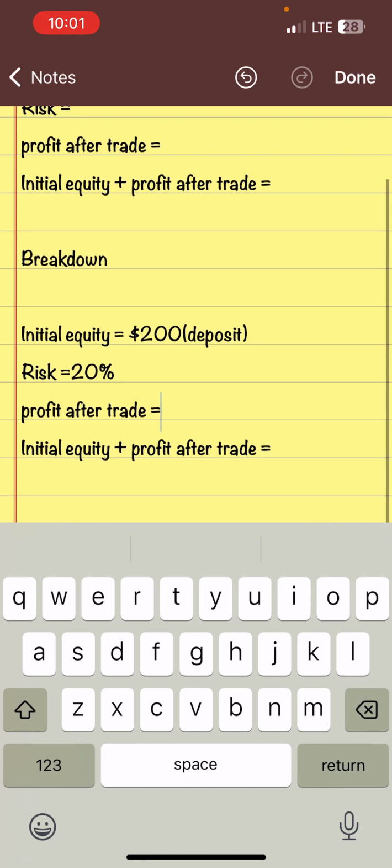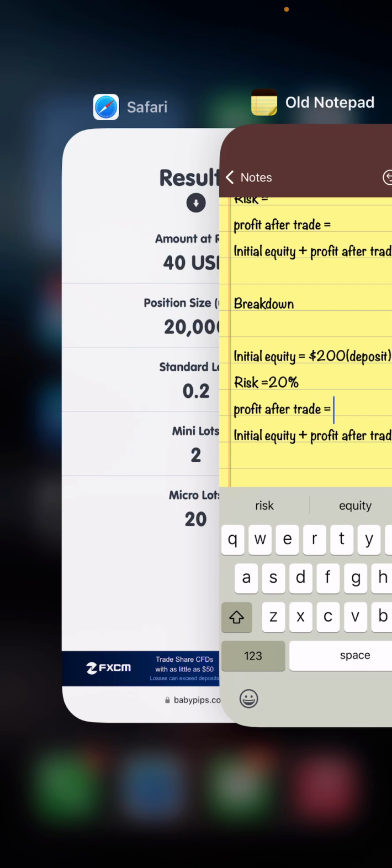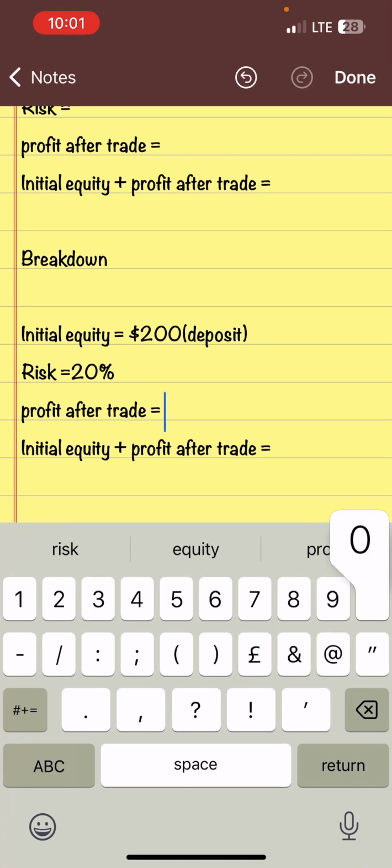Good. So profit after trade, meaning that we are using 0.2 lot size.